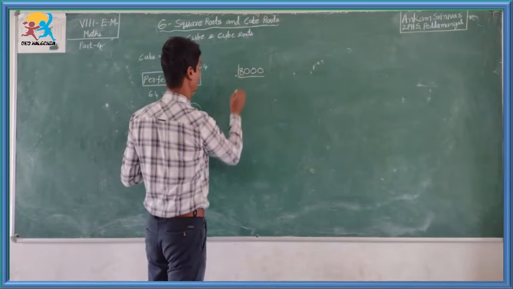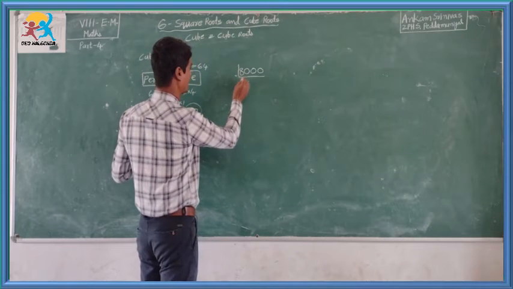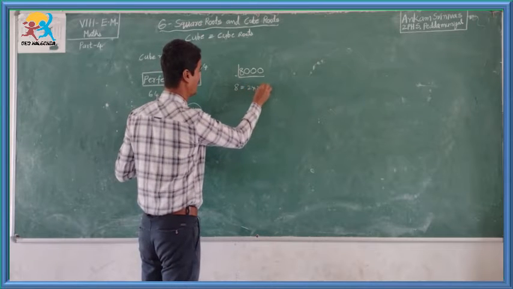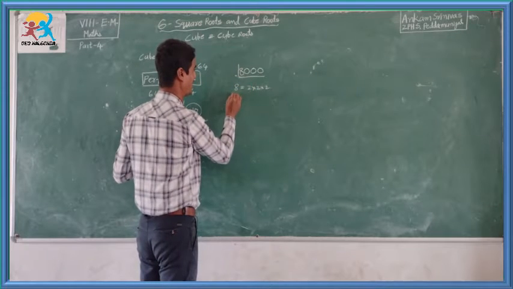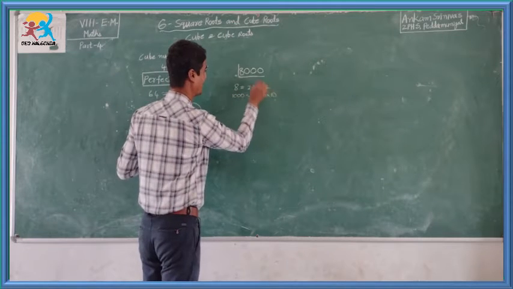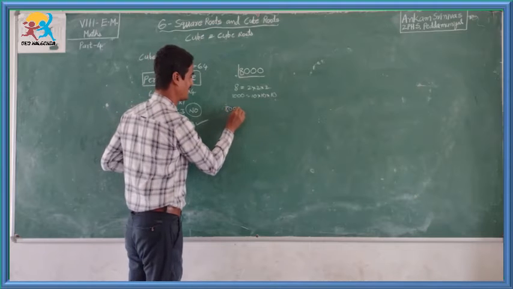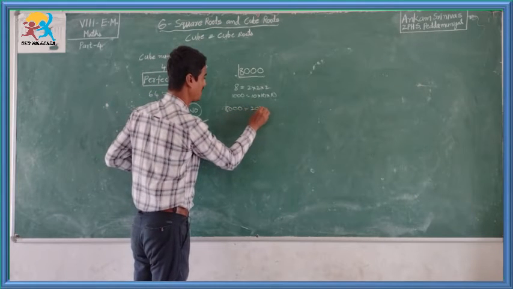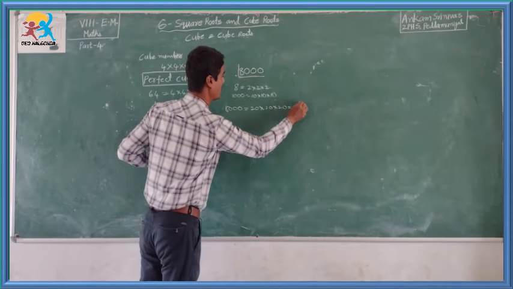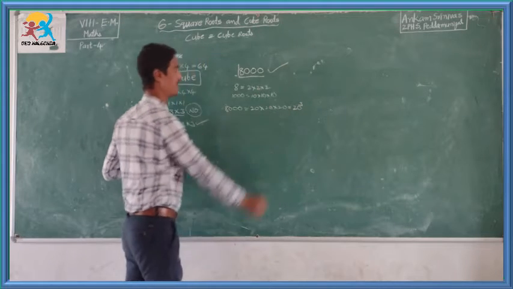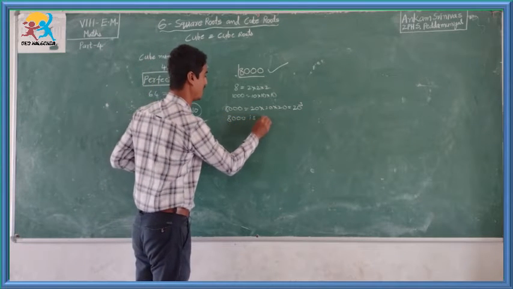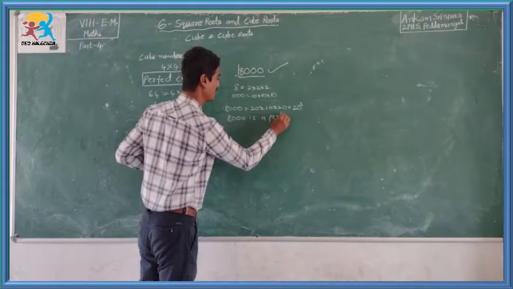So this number can be written as 8 is 2 into 2 into 2, and the remaining 1000 can be written as 10 into 10 into 10. That means 8000 can be written as 20 into 20 into 20. So this can be written as 20 cube. So it is a perfect cube. 8000 is a perfect cube.